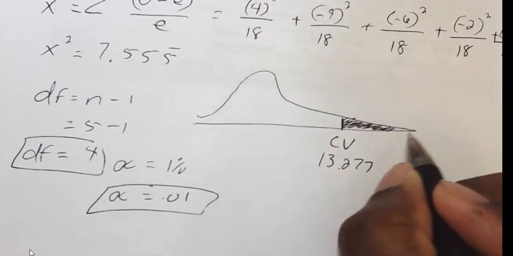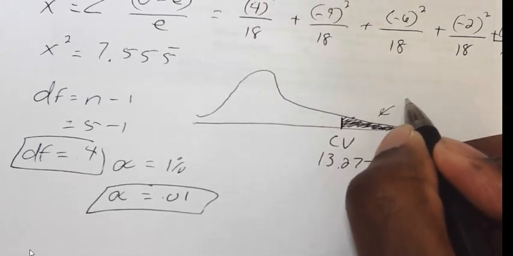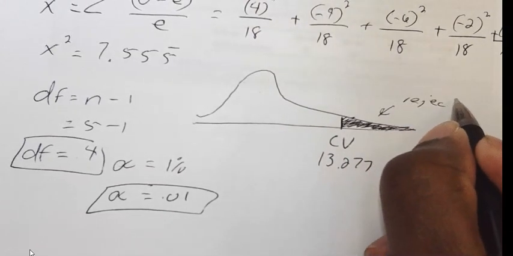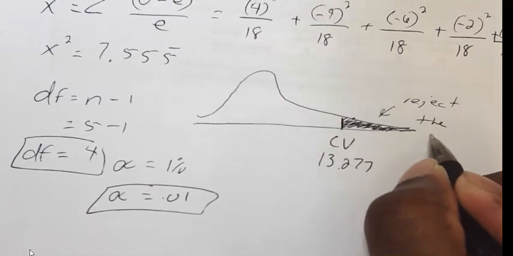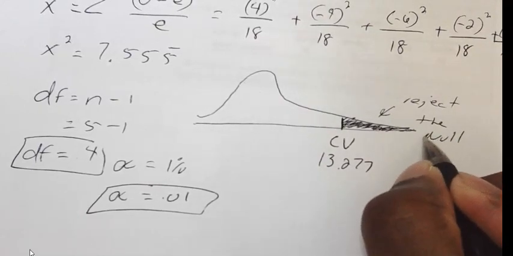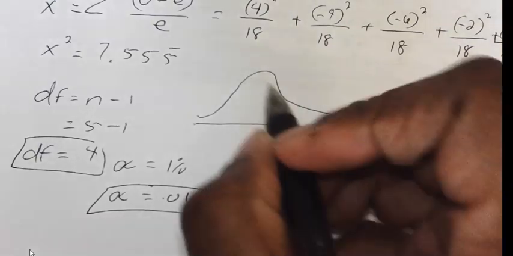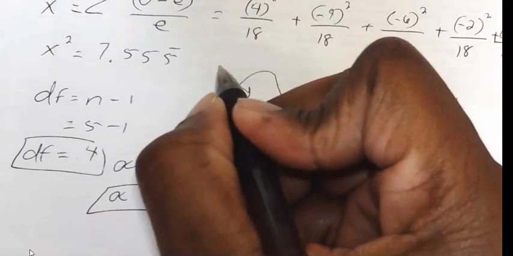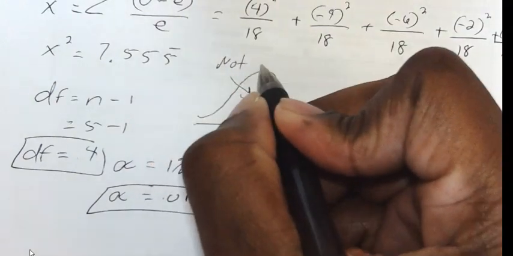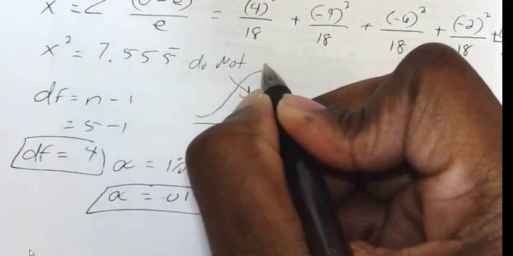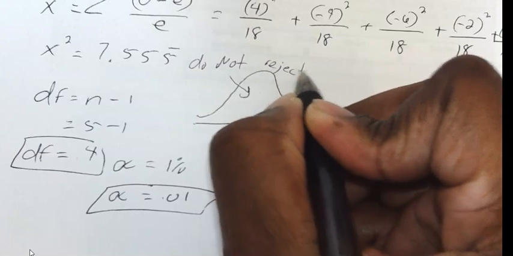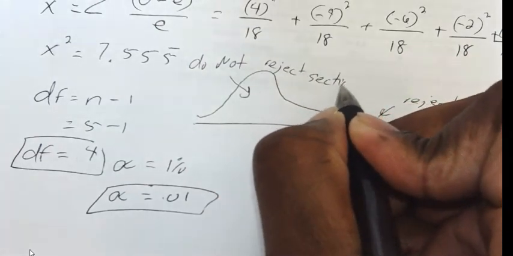13.277. This area beyond our critical value, if we get a value that falls here, we reject the null. This is our reject section. Anything above that critical value, we reject the null. This part is our do not reject section.